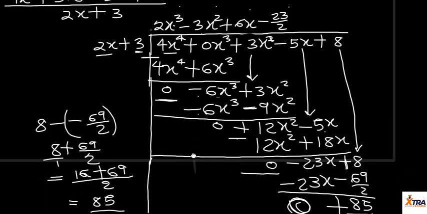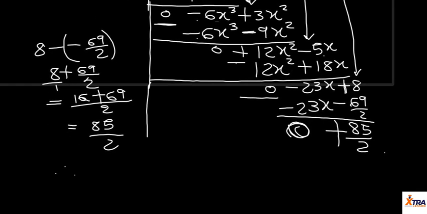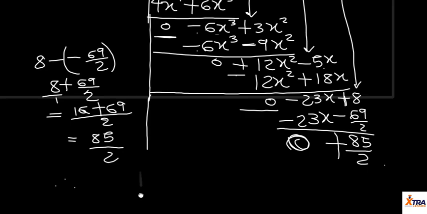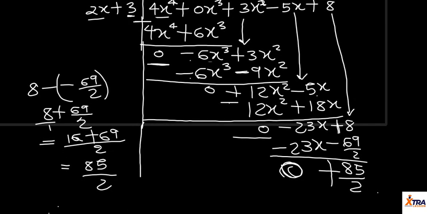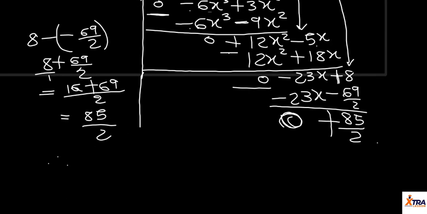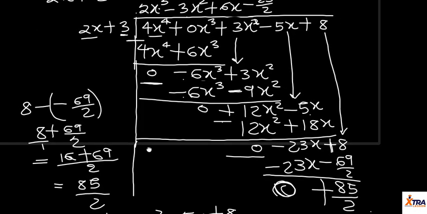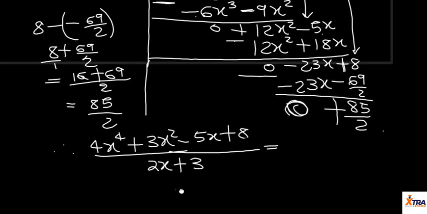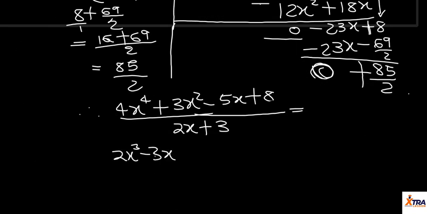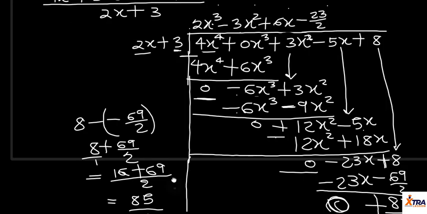So that is that. I can now say, therefore, when I divide the polynomial 4x raised to power 4 plus 3x squared minus 5x plus 8 by 2x plus 3, it gives me a quotient of 2x cubed minus 3x squared plus 6x minus 23 over 2.